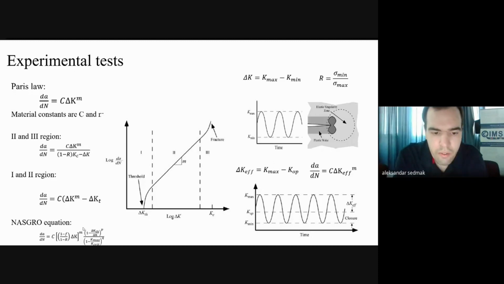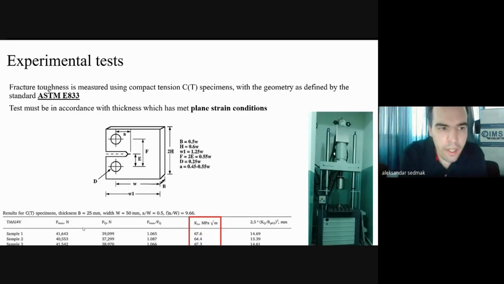Of course, we have some other equations which include the first and second regions, and the Forman equation, which is the last step, is the equation which includes all three regions of fatigue testing. So what we are using is the Paris law in most of our cases.